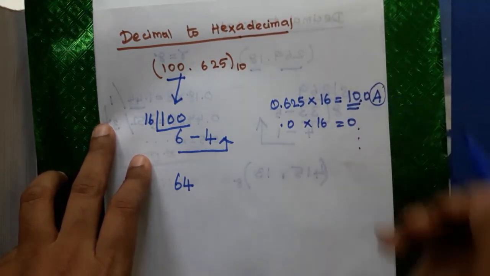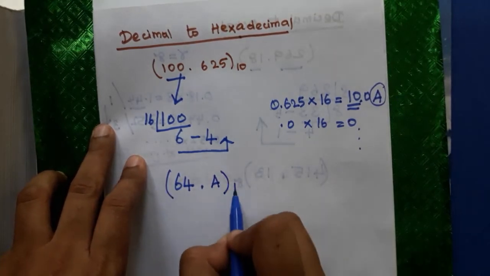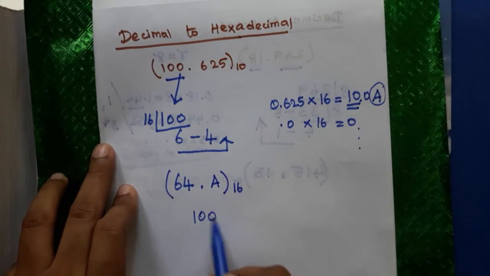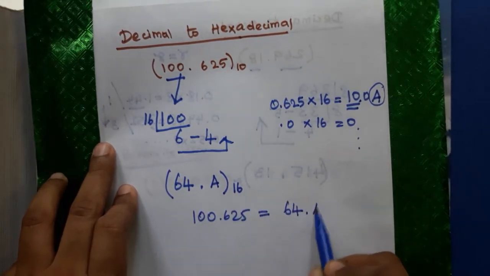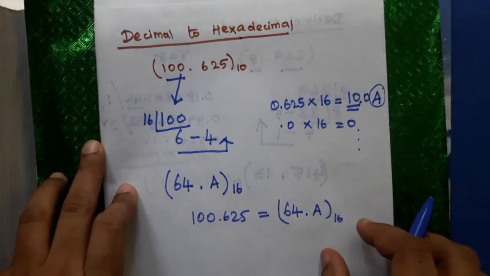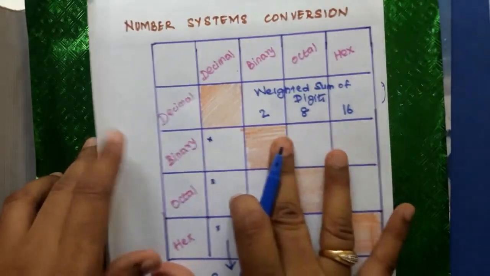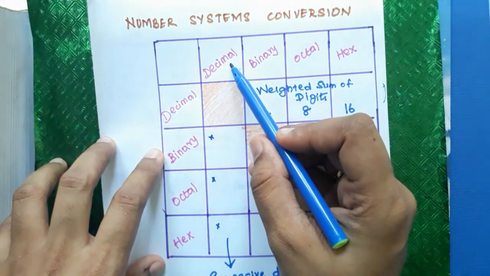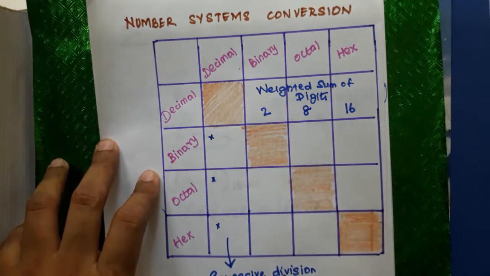So I take A. So it is 64.A to the base 16. So I can write 100.625 decimal number as 64.A hexadecimal number. So thus we have converted a decimal number into any number system like binary, octal or hexadecimal.